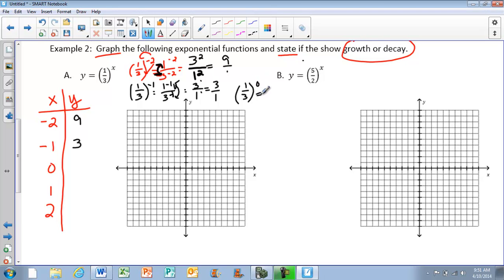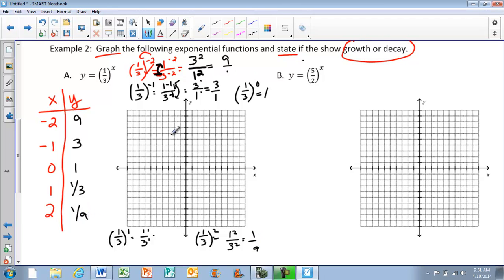Anything to the 0 power is 1. And the bottom two are easier. So 1 to the 1 power, 3 to the 1 power, that's going to stay as our fraction, 1/3. And our last one, 1/3 squared. Remember, distribute that 2 to both numerator and denominator. We have 1/9.